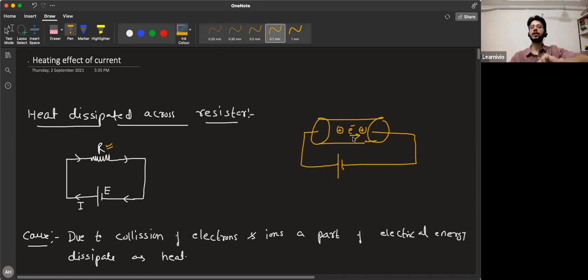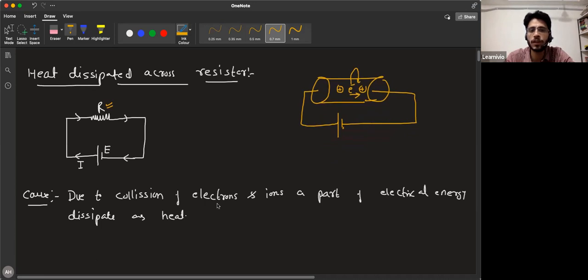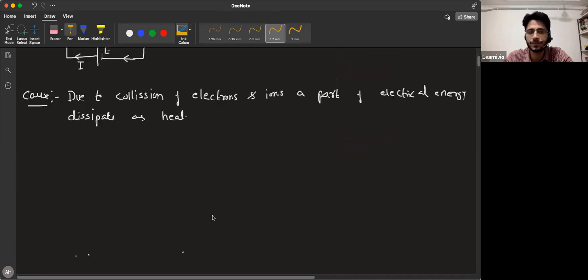When these electrons move, they collide with the ions. Due to the collision, the electrical energy which this cell is providing to the electron gets lost in the form of heat. So due to this continuous collision of electrons with the ions, a part of electrical energy gets converted into heat energy. So the cause of heat energy is collision of electrons and ions.